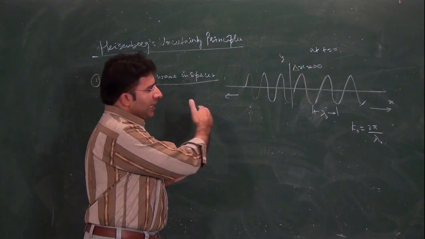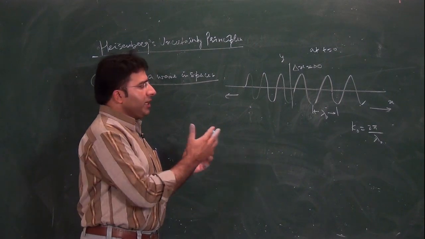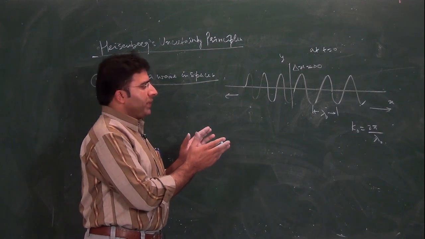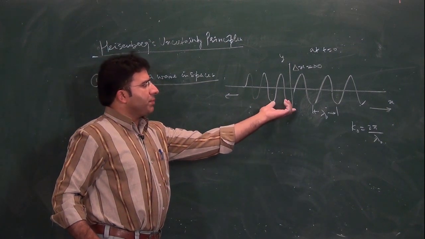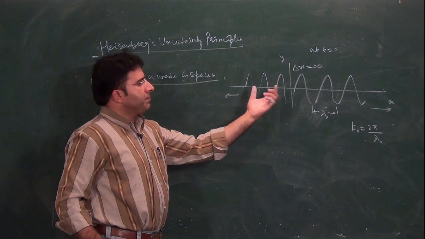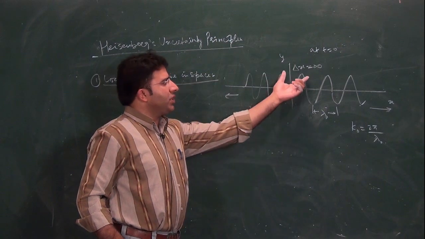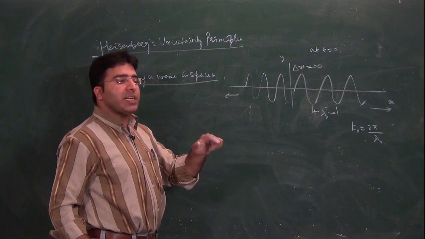If I say the particle is anywhere along the x-axis, that means I don't know its address. Anywhere means nowhere. We have to give the precise address. Therefore, we say we cannot represent the particle by this pure sine wave because it is delocalized in space. It is not particle-like.